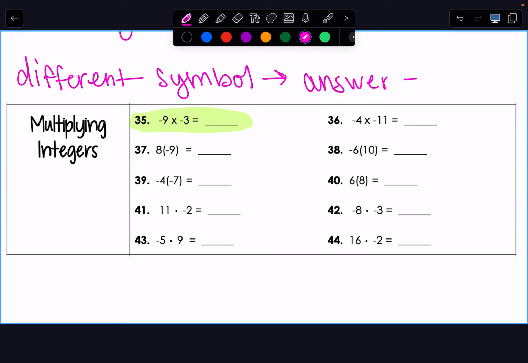So I'm going to put a positive just as a reminder, but do I really need that? No, I don't really need that. Channing, what is 9 times 3? 27. So negative 9 times negative 3 is a positive 27. You don't need to write the plus. That was just a reminder that it needed to be positive.